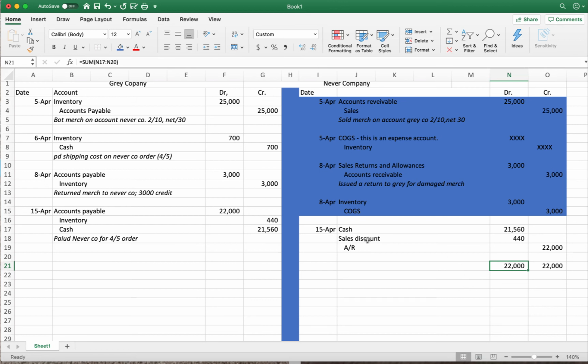I would do the same thing with the seller side. From the seller side, when they receive a payment with credit terms, I have to debit cash. I have to debit my sales discounts and allowances by the amount of the discount.